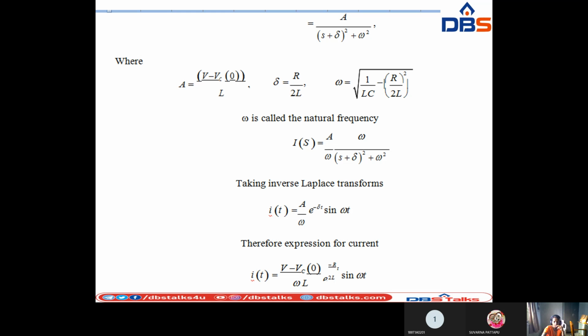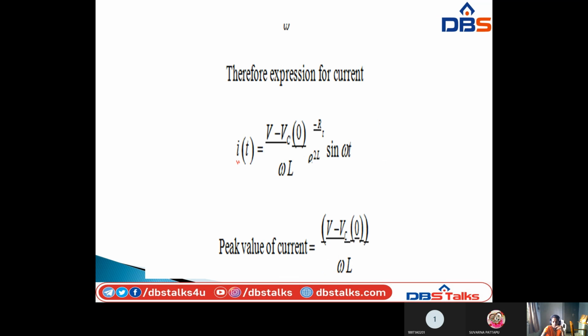So therefore the expression for current I of t equal to V minus Vc of 0 by omega L, e power minus delta t into sine omega t. So I of t equal to V minus Vc of 0 by omega L, e power minus R by 2L t, sine omega t.